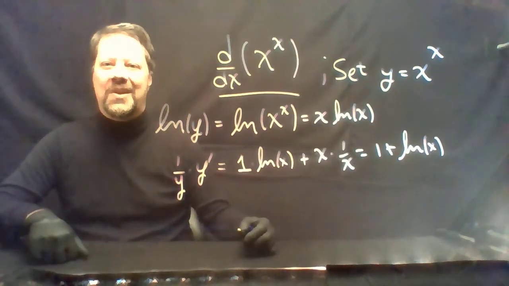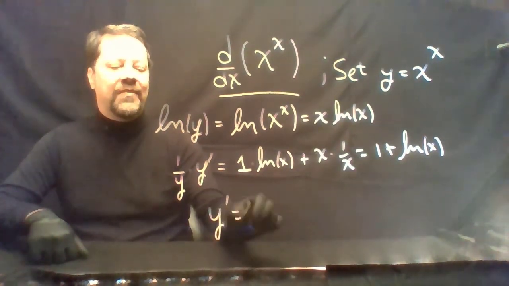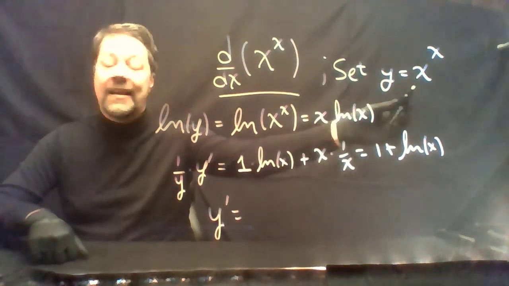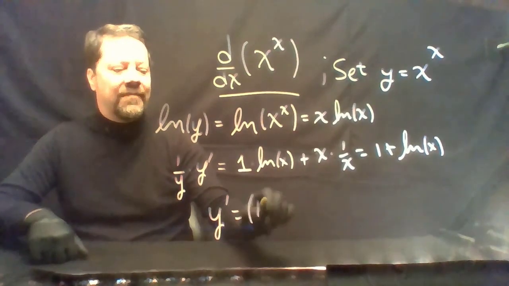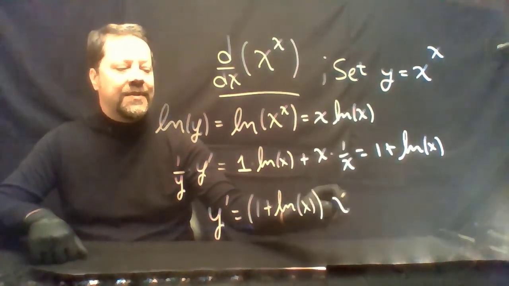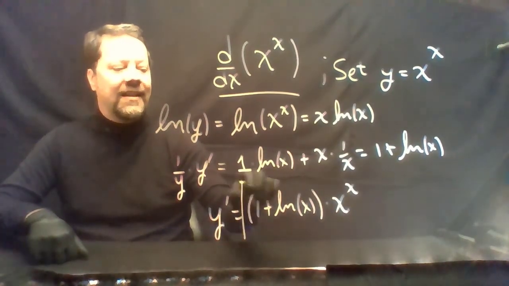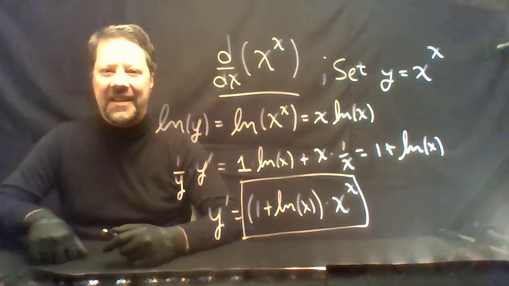And that's 1 plus log x. To complete the solution, we solve for y prime by multiplying by y and then replace y with x to the power of x. So we get 1 plus log of x all times x to the power of x. And that is the derivative of x to the power of x.